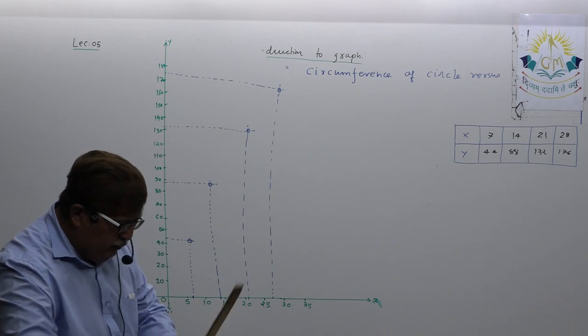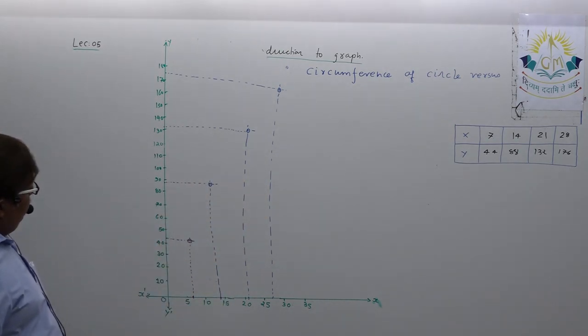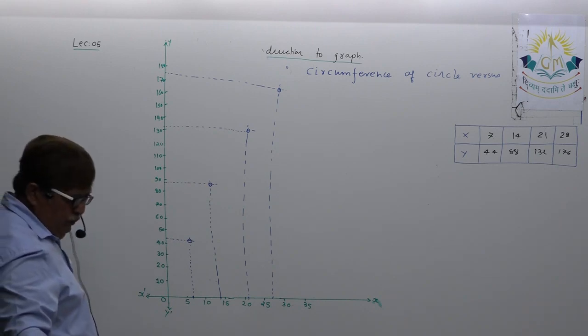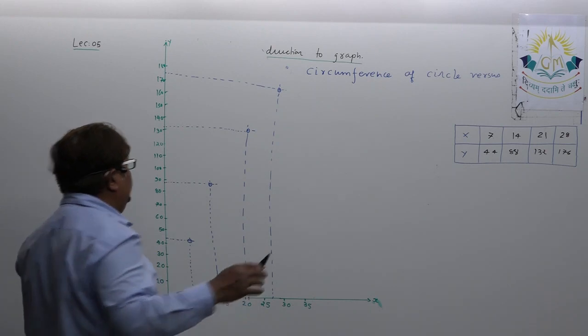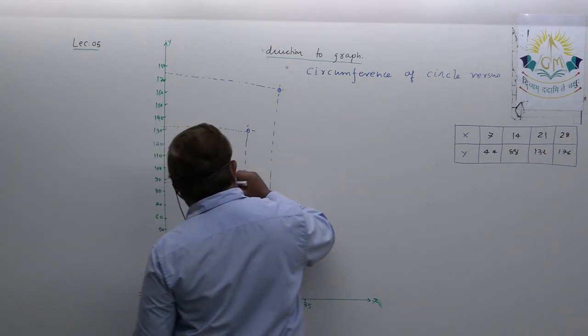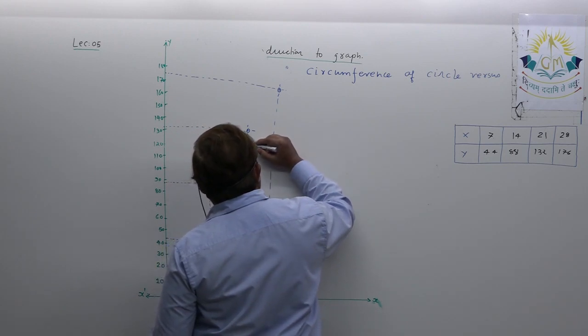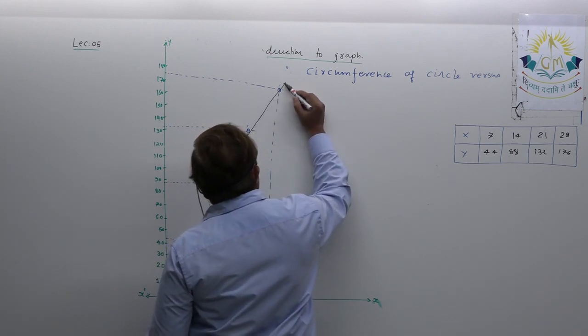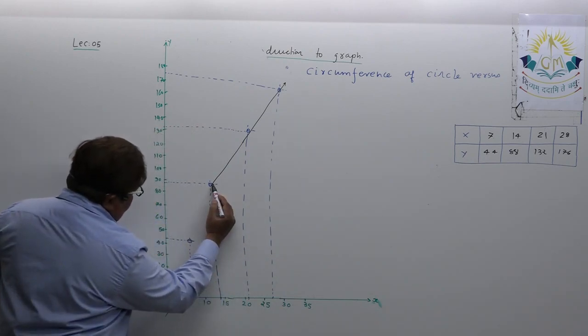After getting all these points in this manner, it is just simply a question of joining them by a straight line. I am joining this way only. Understand? Right? You just draw and join them by a straight ruler. I am just joining this way.